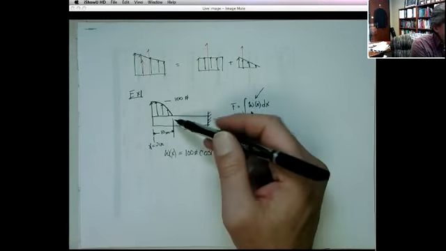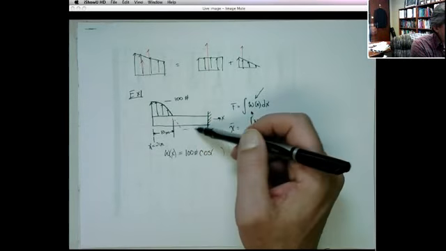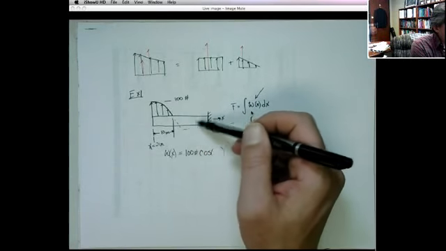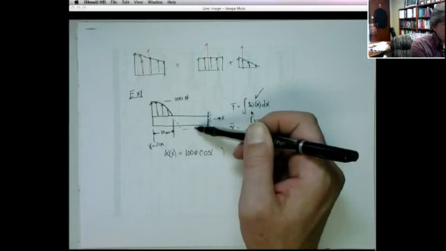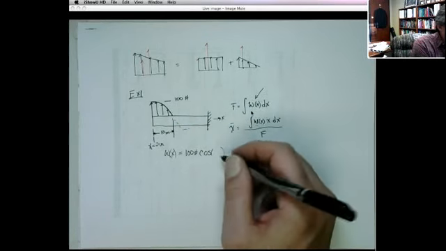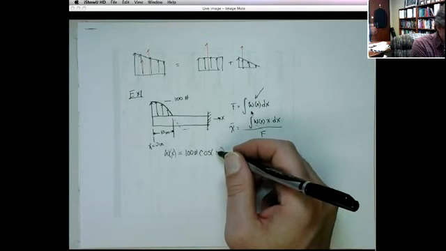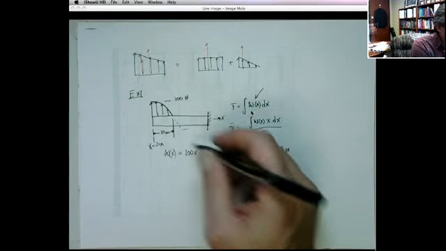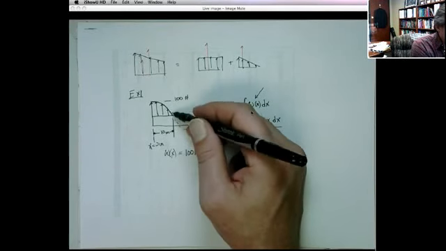Well, in this case, a full period, 2 pi, would be 20 inches, right? So we want to scale it so that when x equals 10 inches, we pretty much want this to be pi.